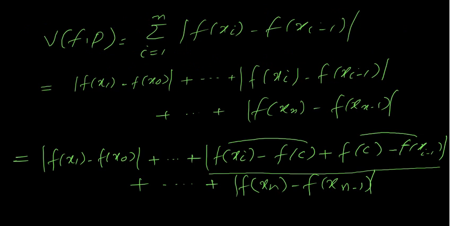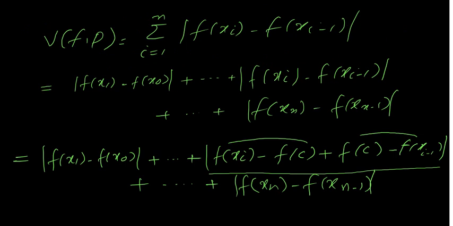Let's have a look at this line first. This is mod of f of x1 minus f of x naught plus so on. Now we have applied the triangle inequality here. This will be less or equal to mod of f of xi minus f of c plus mod of f of c minus f of xi minus 1 plus so on. Then I have interchanged these two terms.